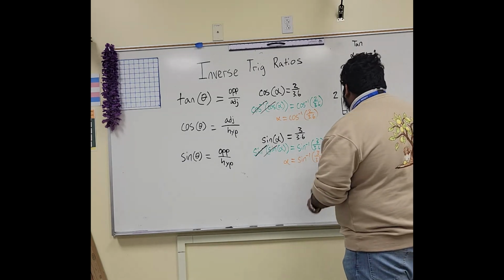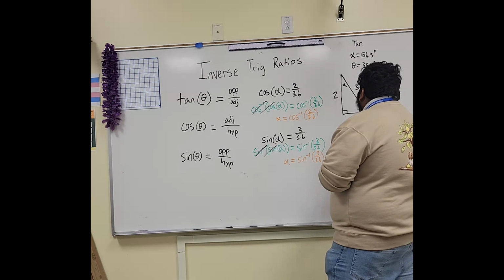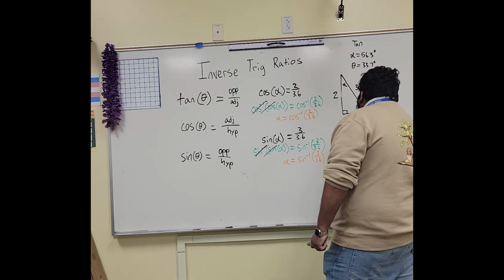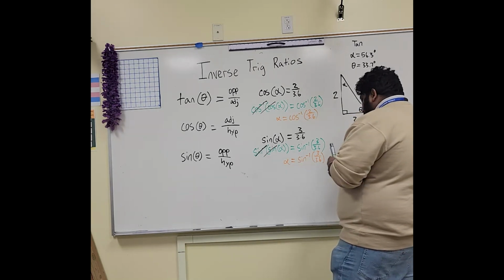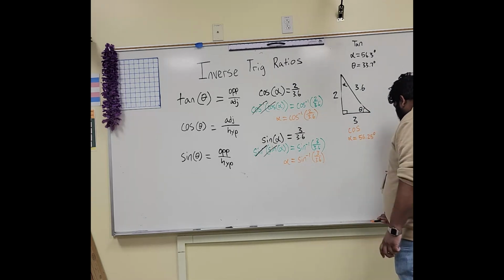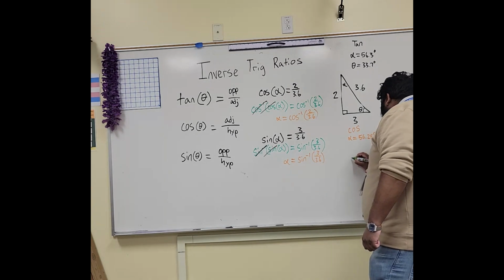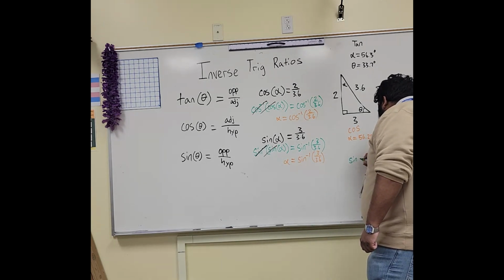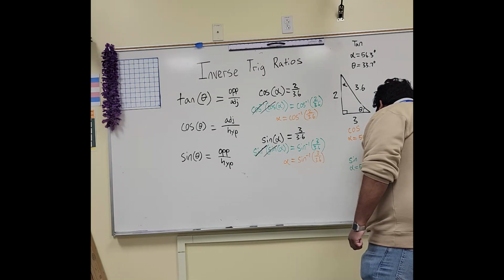We'll put cosine in this orange color. So cosine, and then we got that alpha was equal to 56.25. And sine is going to be in green, and this came out to be 56.44.